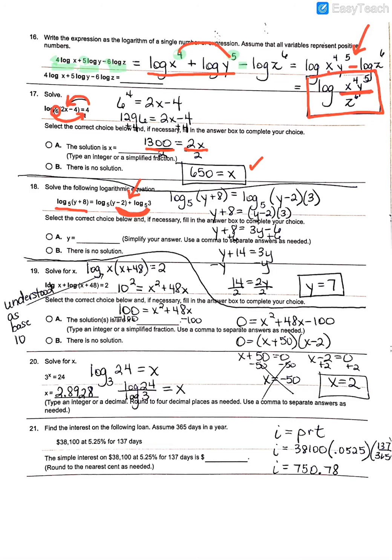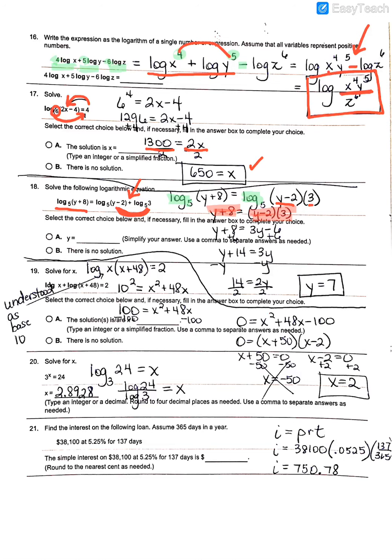So I'm going to end up multiplying the y minus 2 times the 3. And then once I have a single log on both sides, like you are seeing here, so if I have a log equal a log, then basically what we can say is that their expressions must be the same. So this y plus 8 must be equal to the y minus 2 times 3.